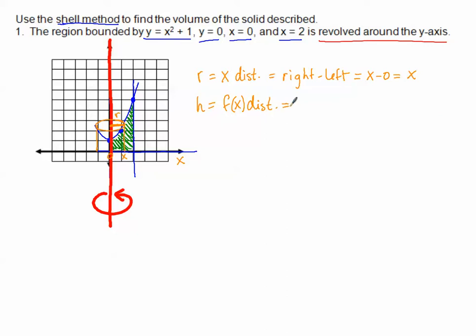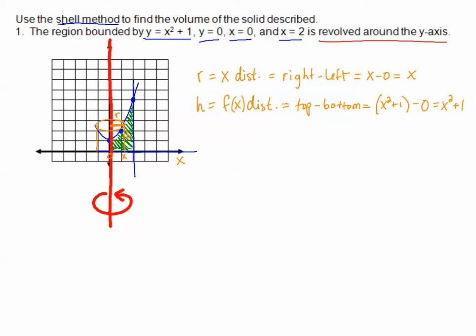The f of x distance, the height, is going up and down, so that's going to be top minus bottom. The top is the function, the parabola, x squared plus 1, and the bottom is y equals 0. To simplify that, we just write x squared plus 1.